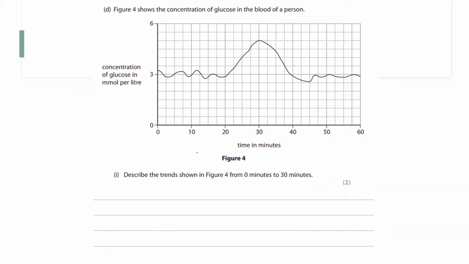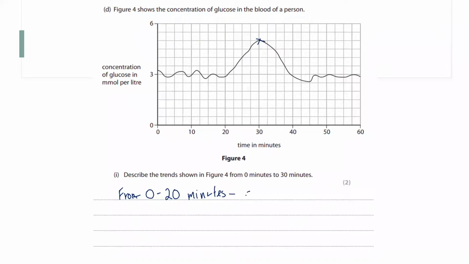Describe the trends shown in figure 4 from 0 minutes to 30 minutes. There are 2 marks, which gives you a clue about how much you need to write. From 0 to 20 minutes, we see that it fluctuates, it goes up and down.